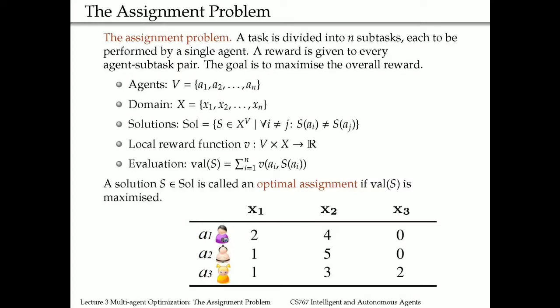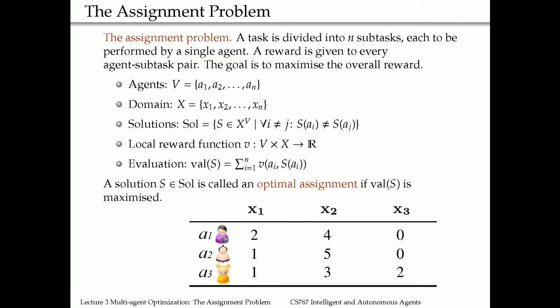So formally we have a set of agents, A1 up to An, and we have a domain, and just for simplicity, we assume that the domain X is shared among all the agents, so that every agent is able to choose some value within the domain X.